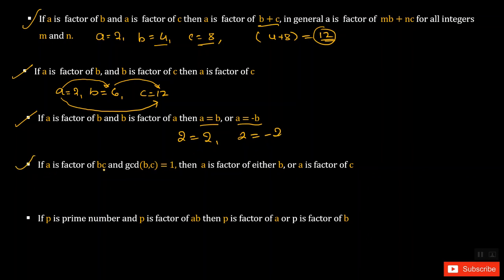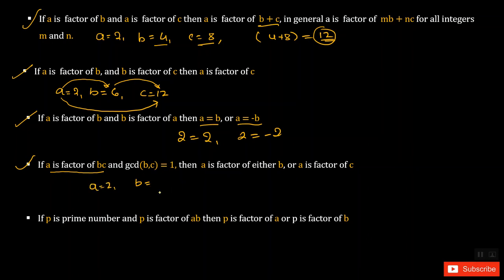If A is a factor of B times C and the greatest common divisor of B and C is 1, then A is a factor of either B or C. Okay, so what is it? A is a factor of B times C. Let me take an example.